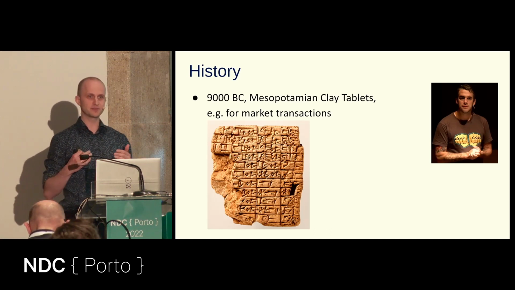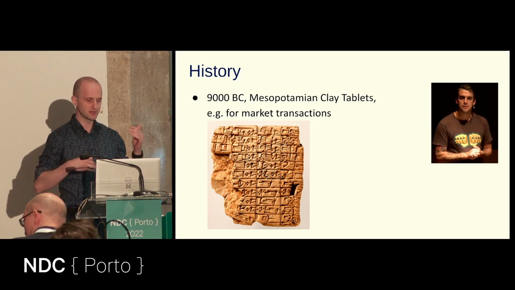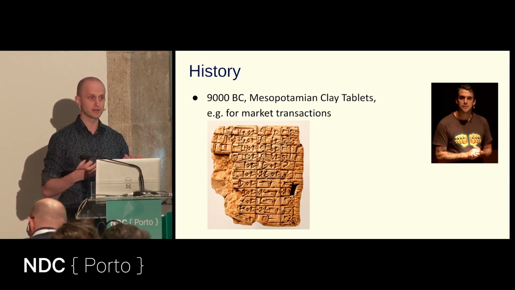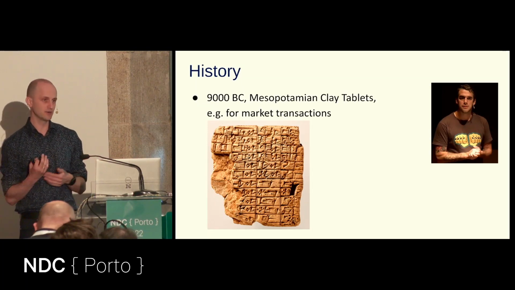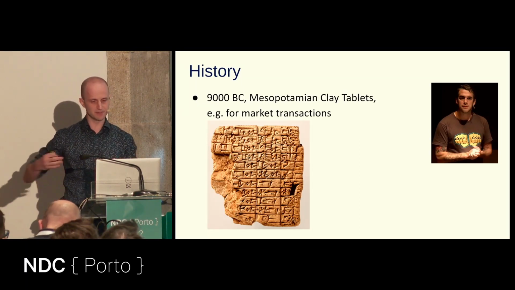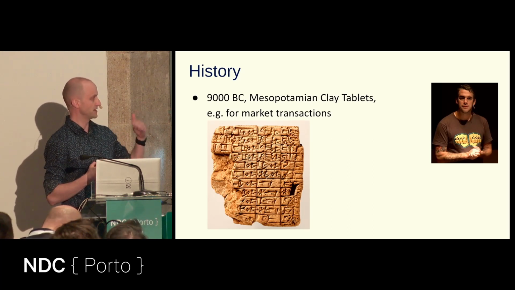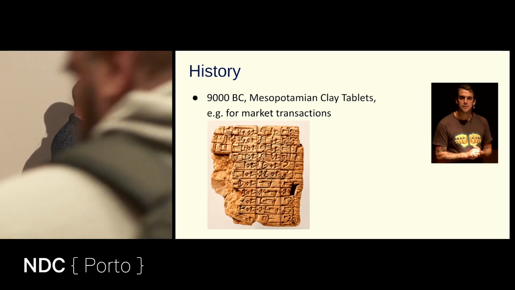It was used for persisting marketplace transactions, so how many ships, bread loaves, grain were bought or sold. This way, the Mesopotamian trader could very easily calculate the state of possession, not by doing this manually, like counting ships or something, just by replaying the facts from these clay tablets.